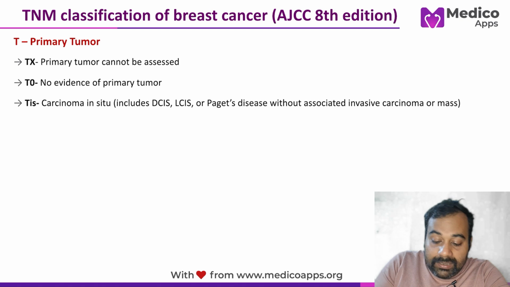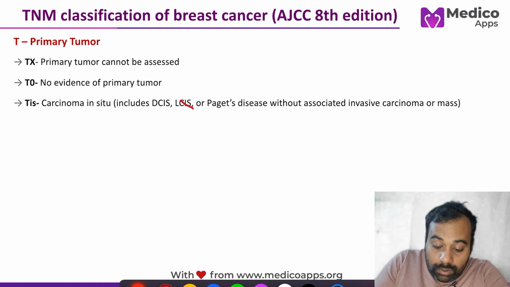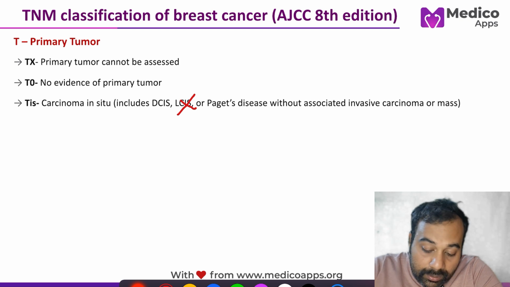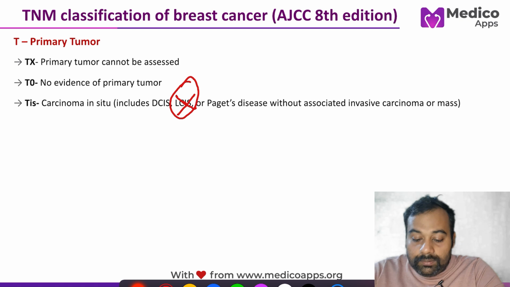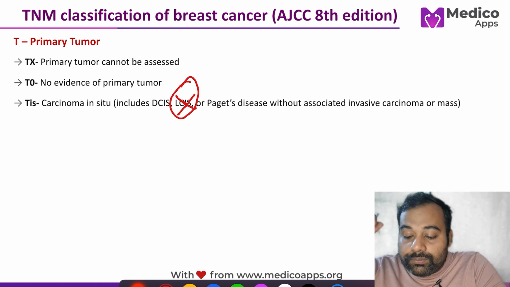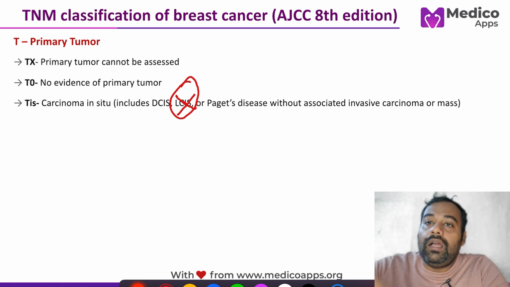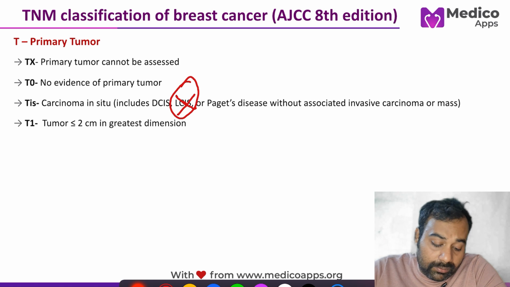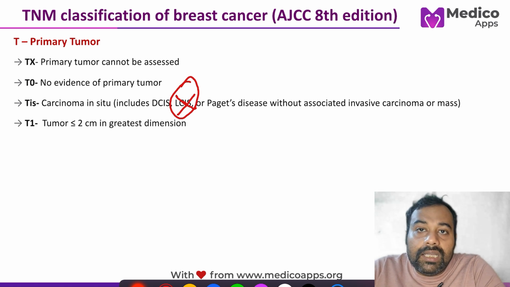LCIS was previously there, but nowadays it is not taken into consideration. So that should eventually hit your brain as well. Paget disease without an associated invasive carcinoma or mass is also taken under in situ carcinoma.